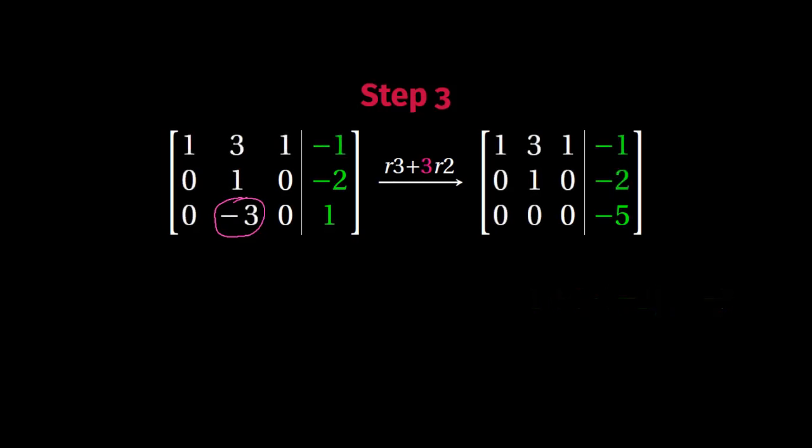And this is the final result. Please notice that this matrix is not a row-echelon matrix, because in the third row, instead of 1 here, we have the element -5. That means that we would have to divide the whole third row by -5.